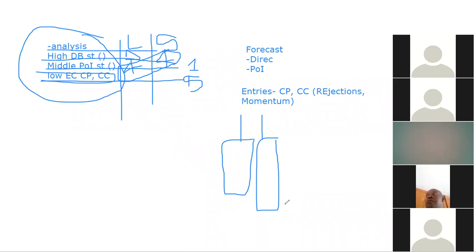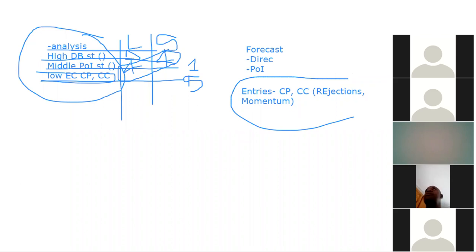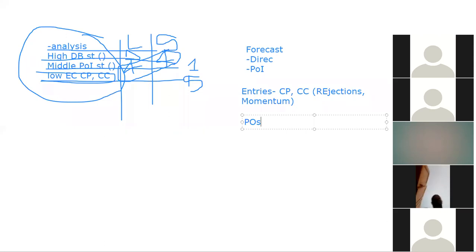So now, after we've defined how we actually enter the market, the next part we need to define that we spoke about is our position management. So our position management comes down to how we manage this position when the trade is open.